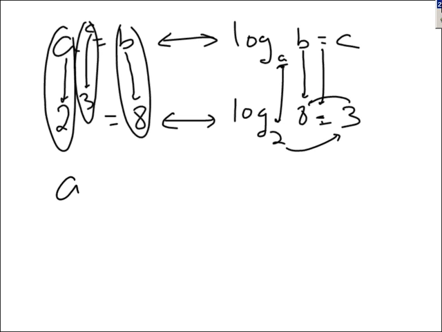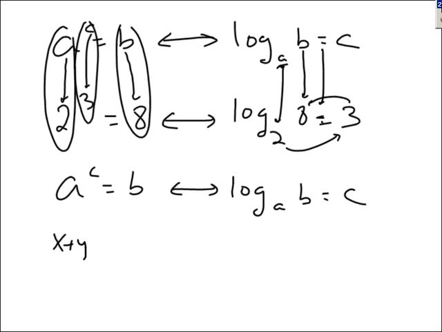We know that A to the C equals B means log base A of B equals C. So if they tell you x plus y to the z is equal to 10x plus 9, well, A is x plus y, C is z, and B is 10x plus 9.